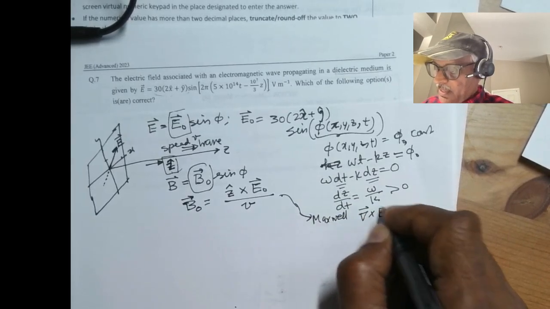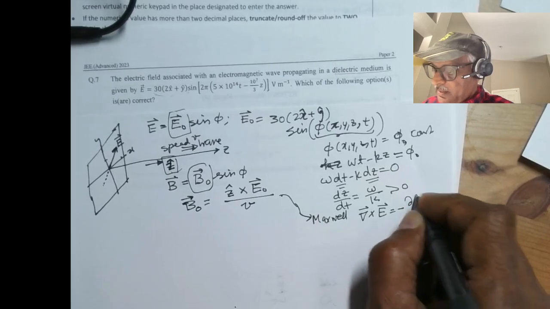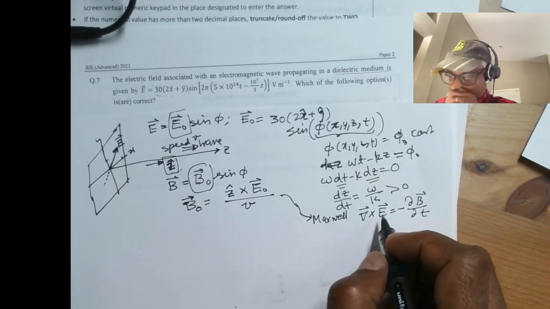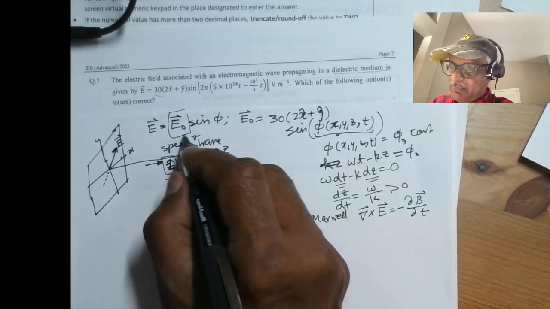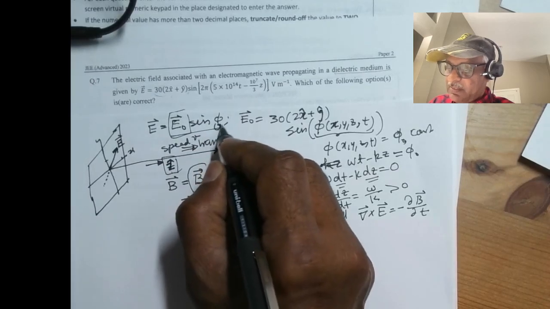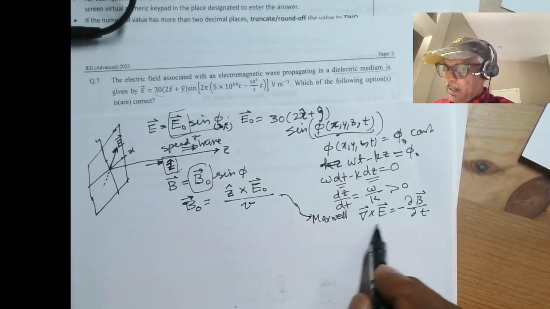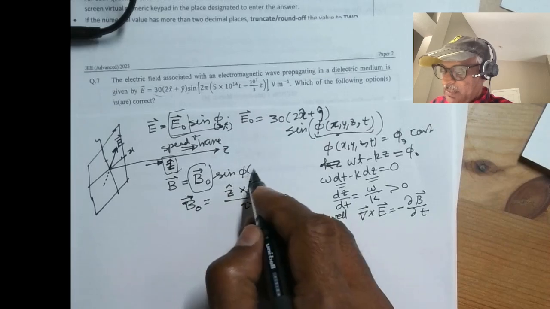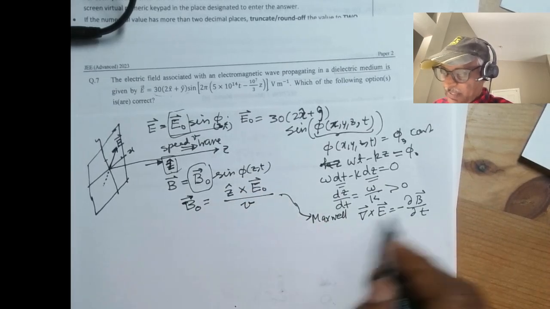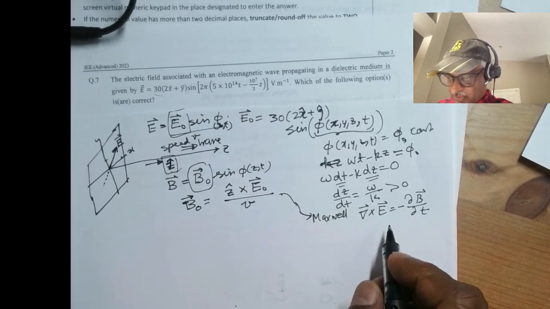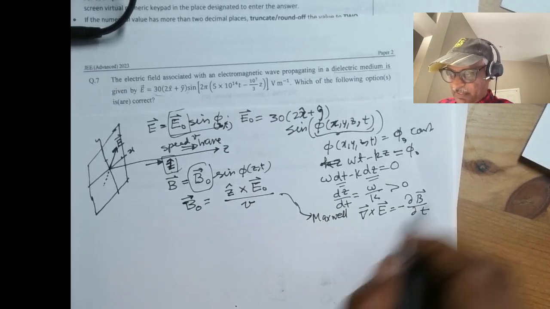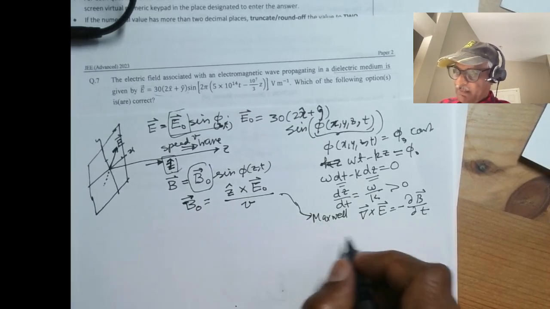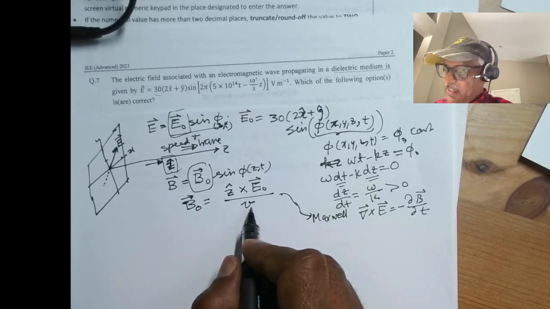This comes from, if you remember Maxwell's equations, del cross E equals minus dB dt. So if you put E as this whole thing, which is a function of z and t here, and do a del cross of that, and B, which is also a function of z and t, d/dt of that, and cancel out common factors after the derivative, you will be able to relate B0 to V. So what is V?